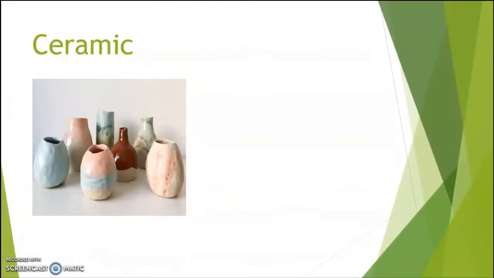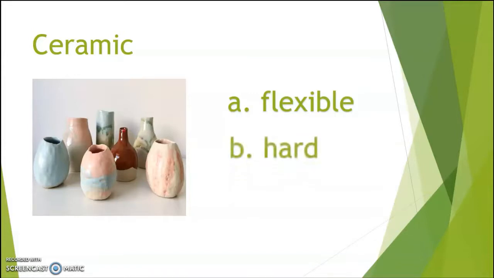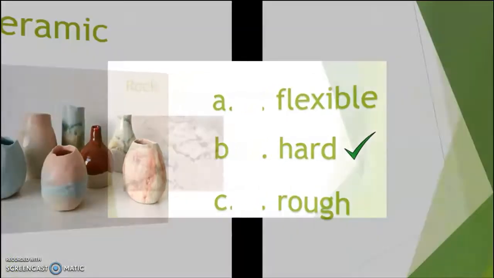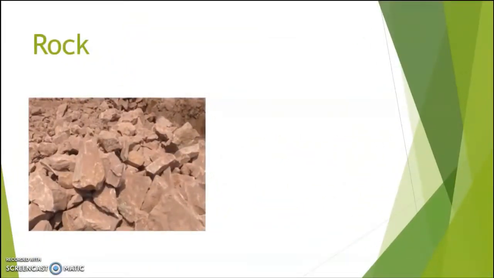Now this one, ceramic. Letter A, flexible. Letter B, hard. Letter C, rough. What is your answer? Of course, letter B. Yes, very good. Then the next one, the rock.